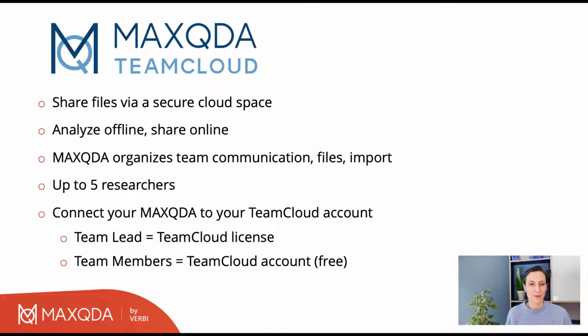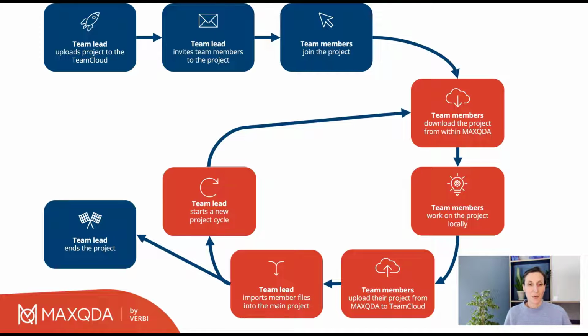Let's have a quick look before we dive into each of the steps a little more deeply. The way it works is that you have the team lead who uploads the project, invites team members, they join the project, and then they can download the project the lead uploaded onto their own computers. They work locally on their computers, on Windows or Mac, it doesn't matter.